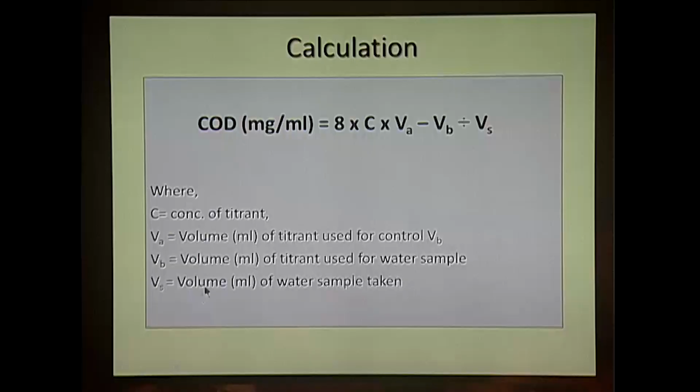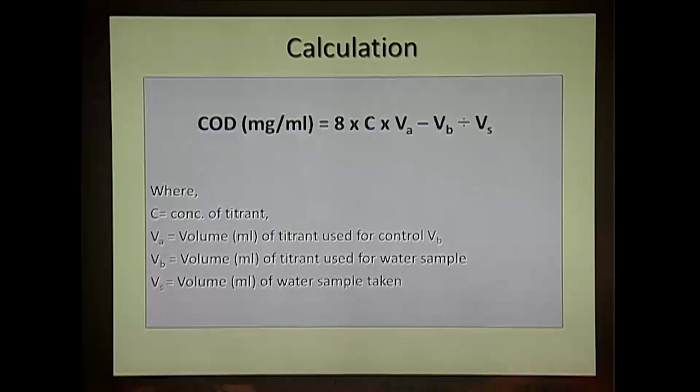And VB is the volume of the titrant used for the titration to test the wastewater or the water sample. And this is divided by Vs, that is the volume of the sample water which was taken for the titration process.